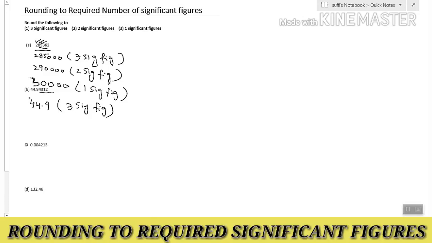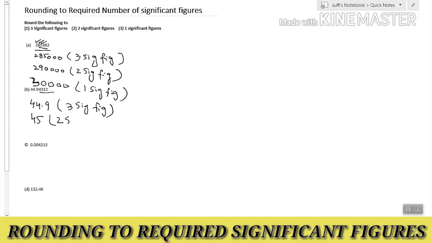Okay, to round to 2 significant figures, we need only 2 significant figures. So we will look at the third significant figure. The third one is more than 5, so we will add 1 to the 4, so it will become 45, and we will ignore all the others, because we will not write them as 0, as after the decimal point zeros are also counted as significant.